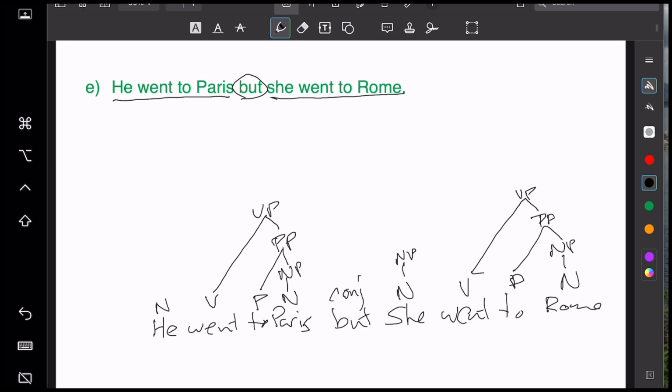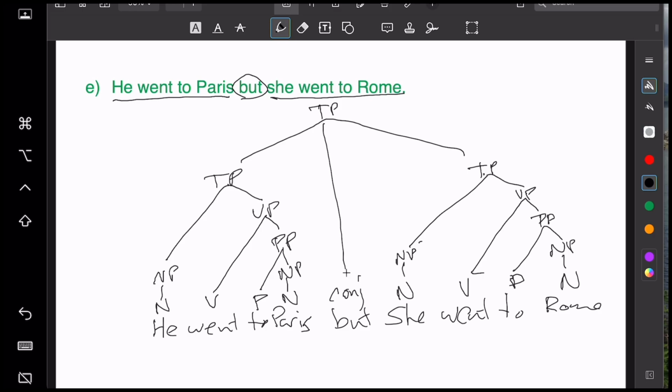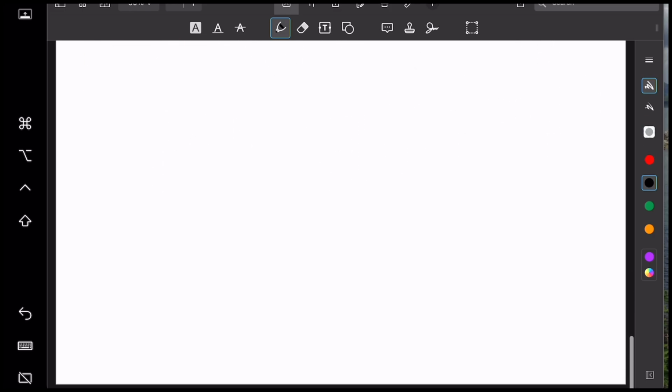We're going to make sure that's a noun phrase, not just a noun, because the sentence rule requires an NP and a VP. We stick these together into TPs, and then when you have two identical categories, a TP and a TP with a conjunction between them, we can construct another TP right on top, joining those three things together. And that's how you do conjunction.